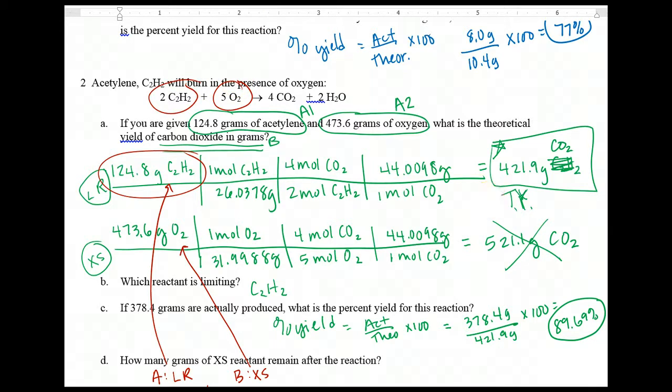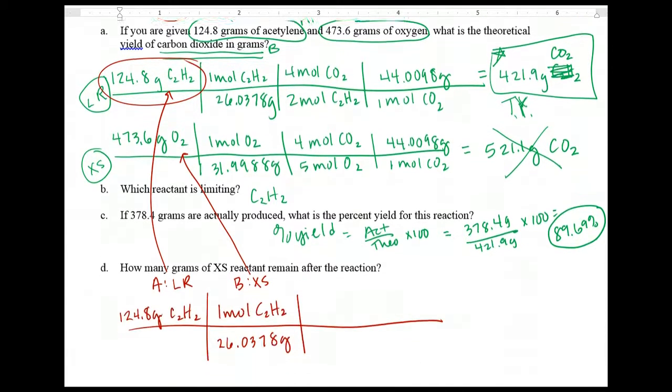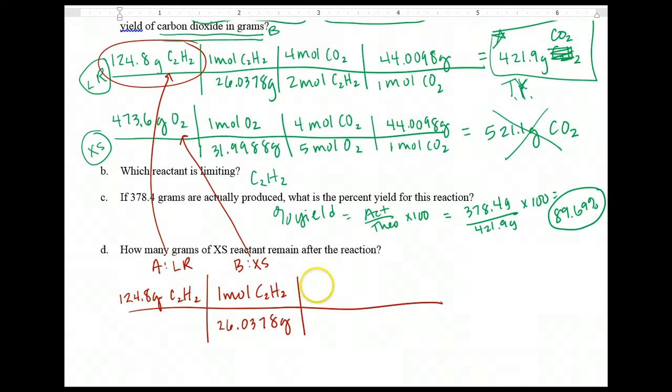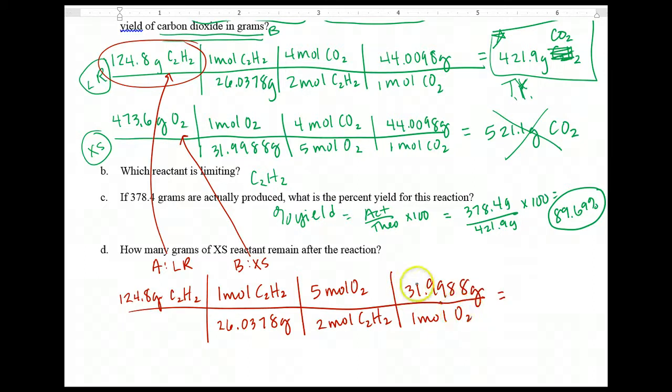So that should be the coefficients we use in our mole-to-mole ratio. So 5 moles of oxygen for every 2 moles of acetylene. And the last step would be to change it to grams. 1 mole of oxygen, 31.9988 grams.